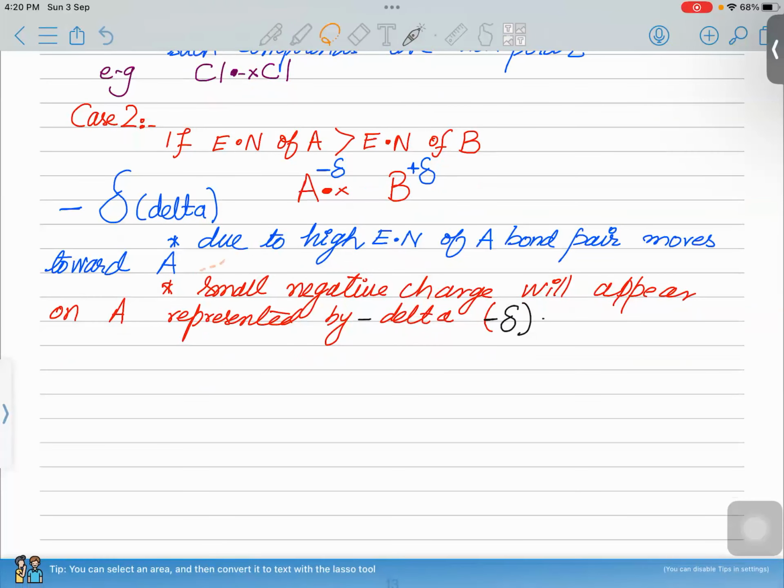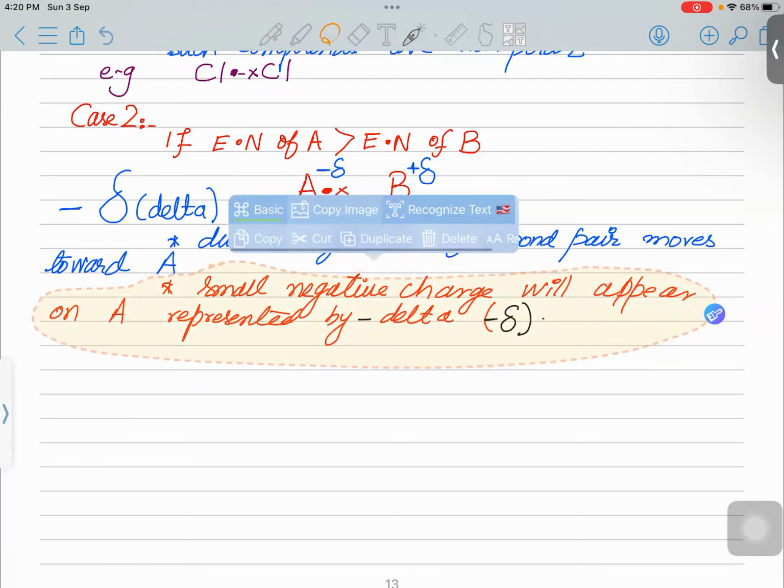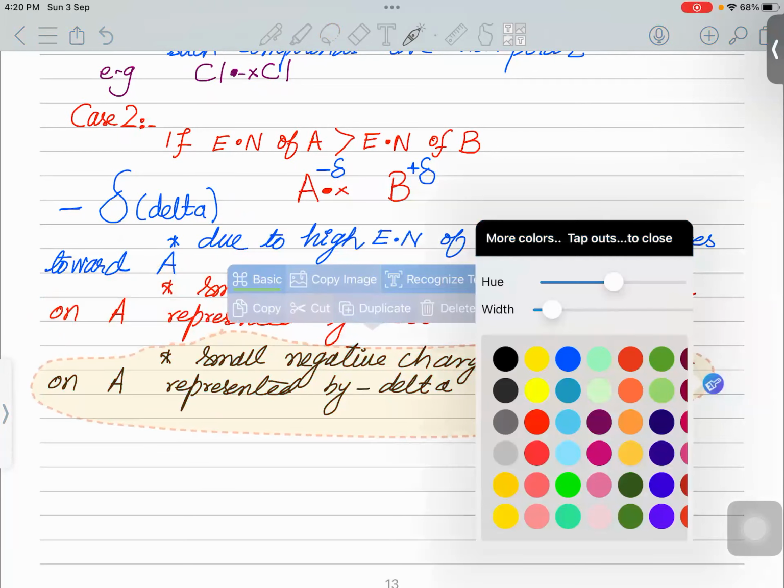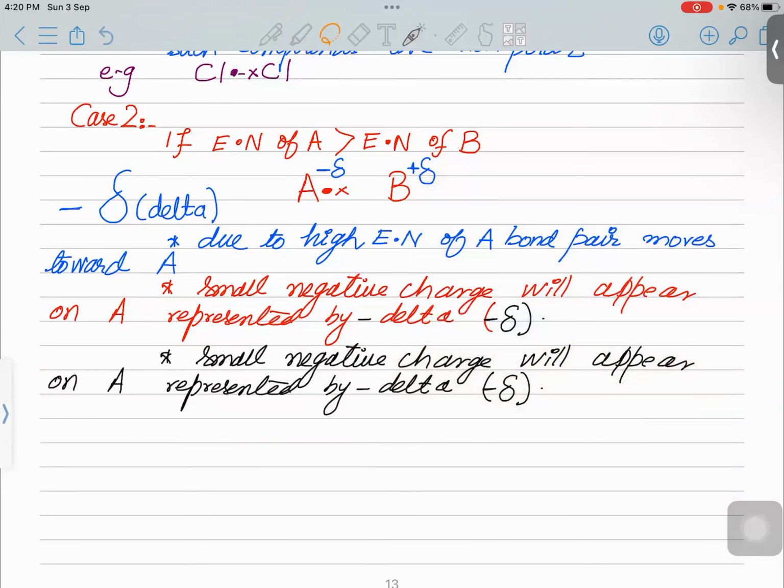Similarly, a small positive charge will appear on B, represented by delta positive.